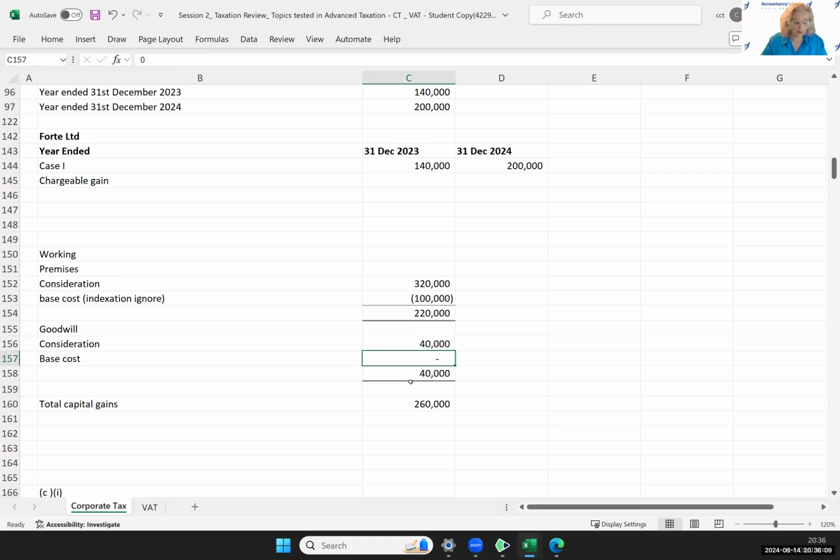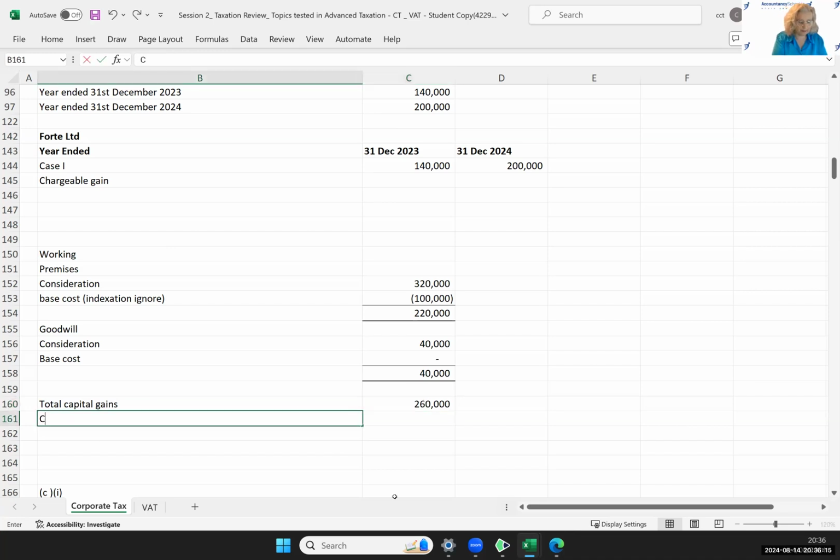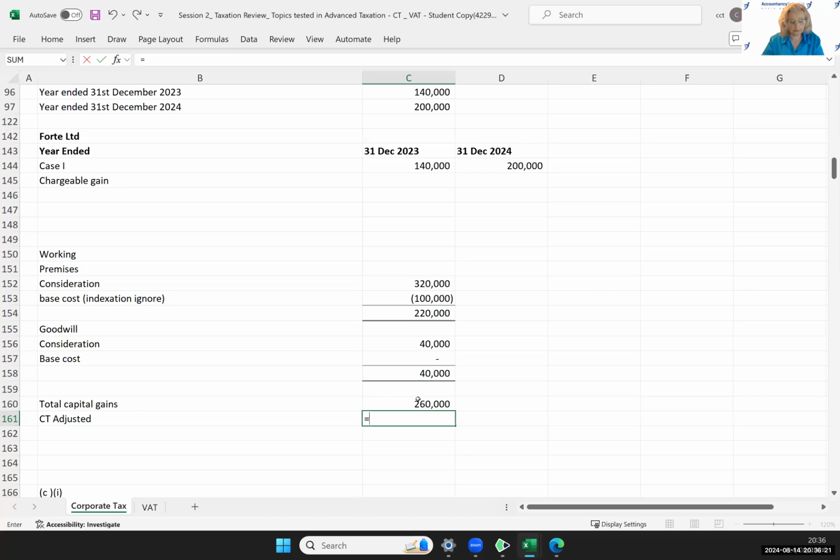There we go. So we need to multiply that figure by 33 over 12.5 to adjust it for corporation tax purposes. So CT adjusted. To adjust for corporation tax purposes, we're multiplying the gain by 33 and dividing it by 12.5. That gives us 686,400. And in Forte's corporation tax computation, we're going to put in 686,400 of a gain.